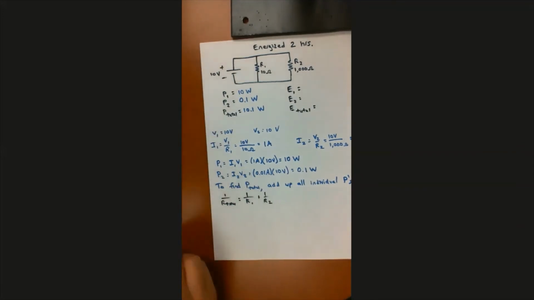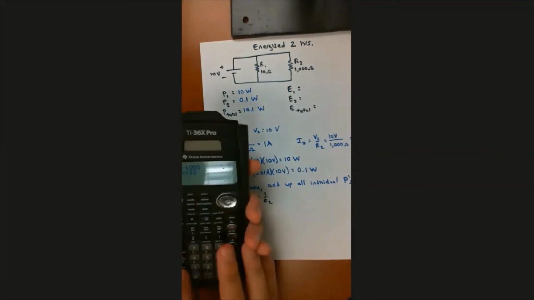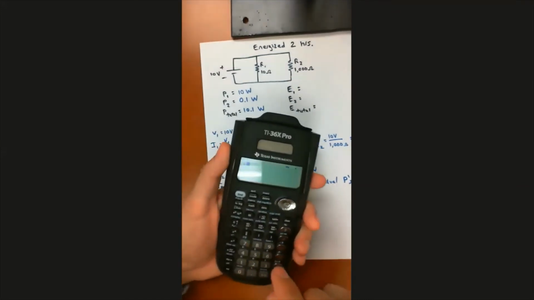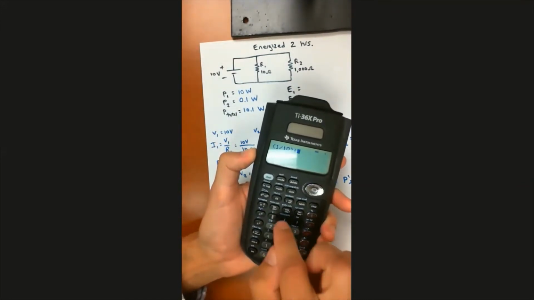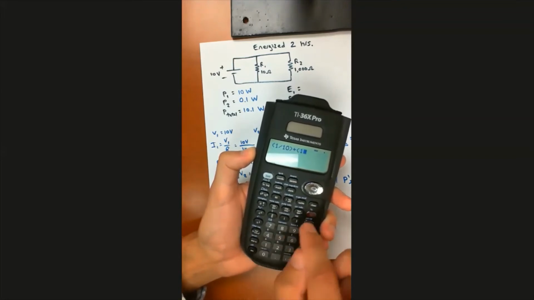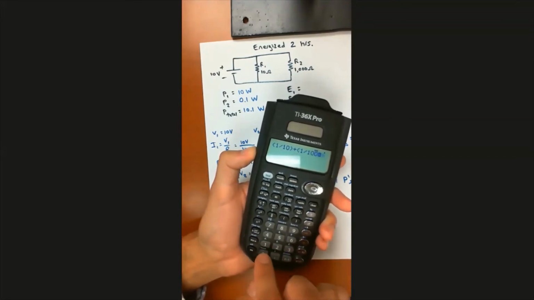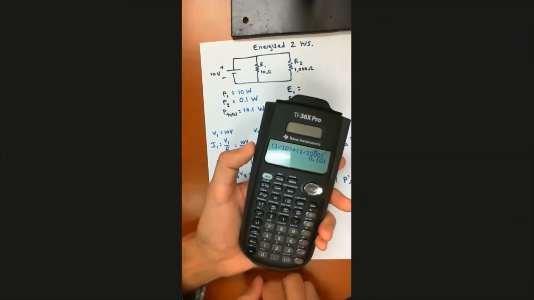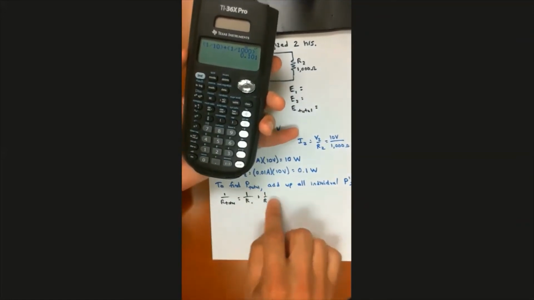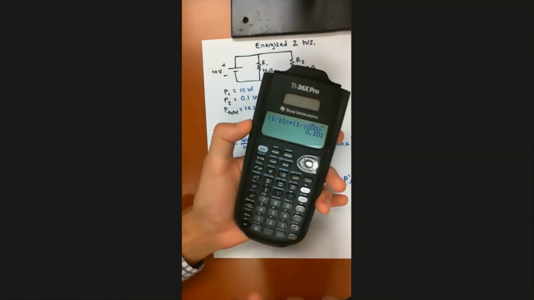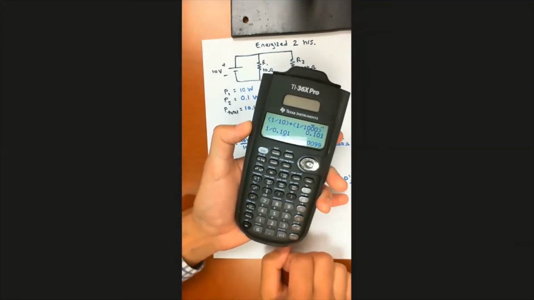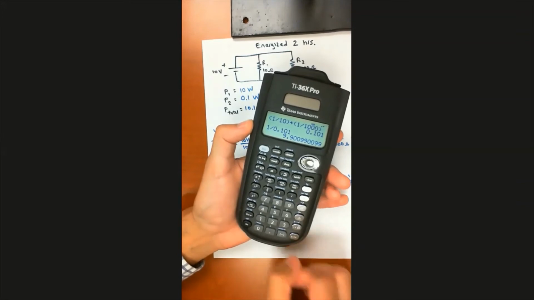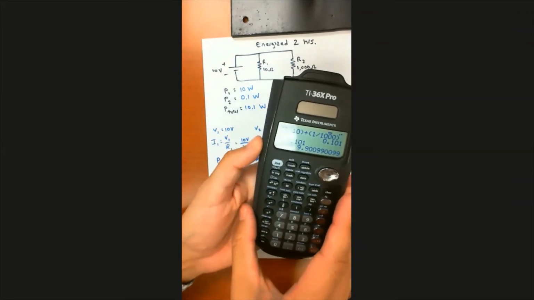All right, so I'm going to take parentheses 1 divided by 10, close parentheses, plus parentheses 1 divided by 1,000, close parentheses. All right, so now I've got this value, then I take the inverse of both sides, so I take 1 divided by what I just calculated, and that tells me that R total gives me 9.9.